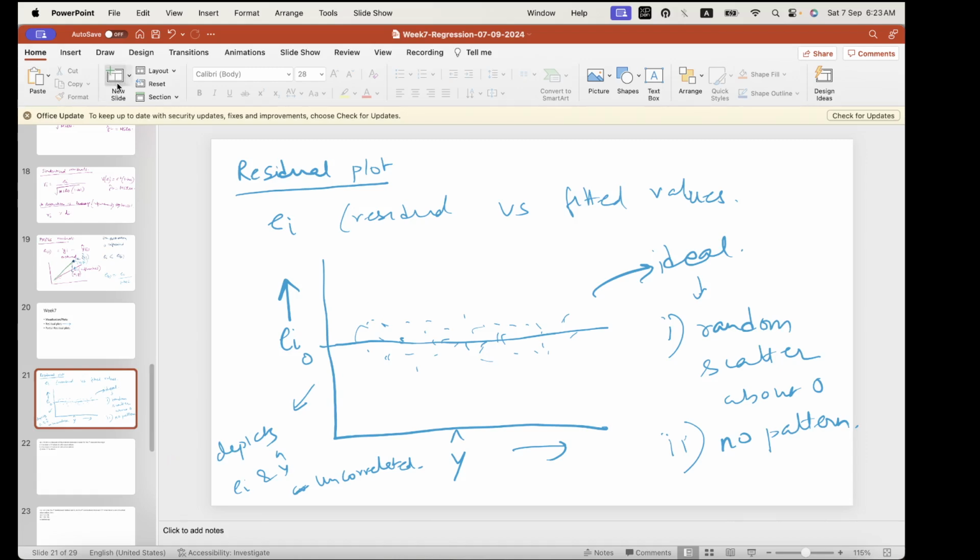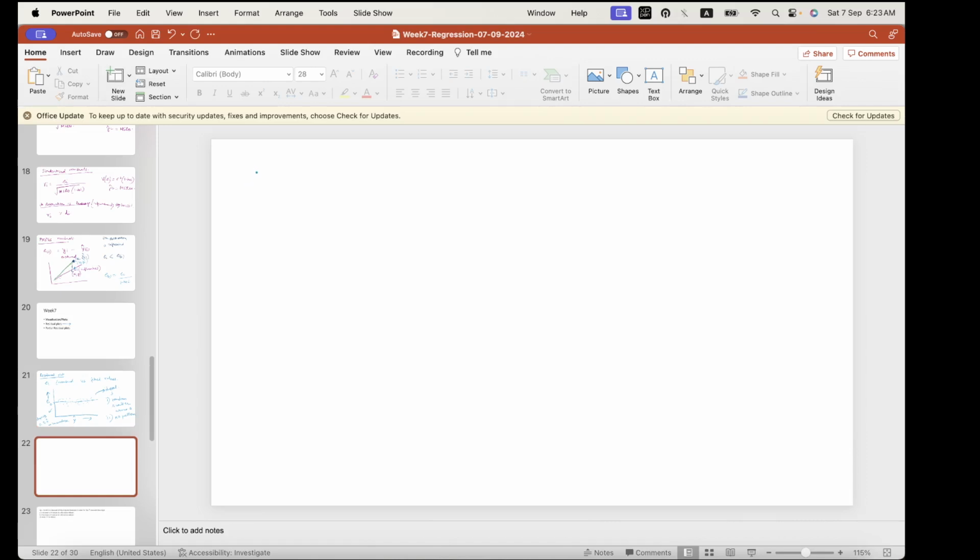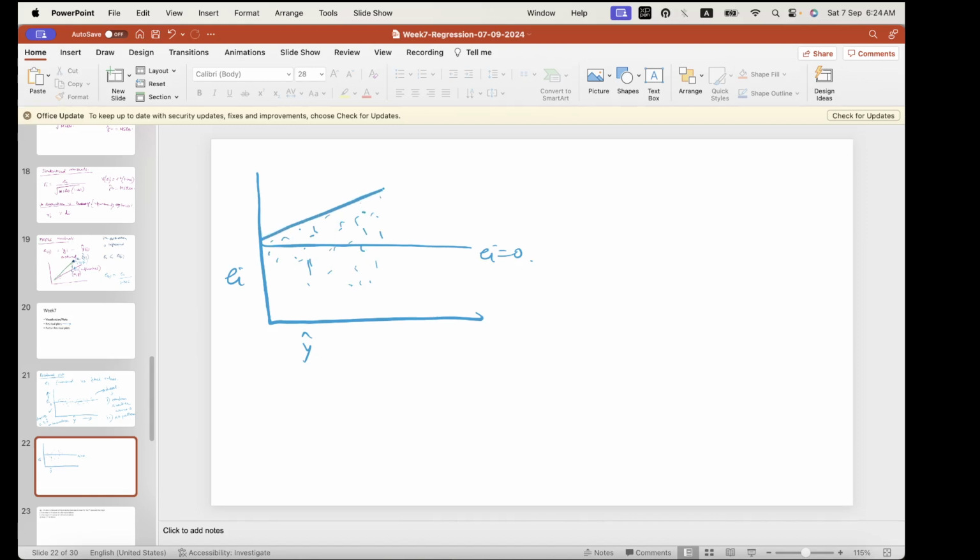Now what I want to highlight is that sometimes you can observe patterns like this, where e_i is on this axis, y hat is on this axis, and this is the e_i equal to 0 line, but you find something like this funnel shaped pattern. What does this mean?